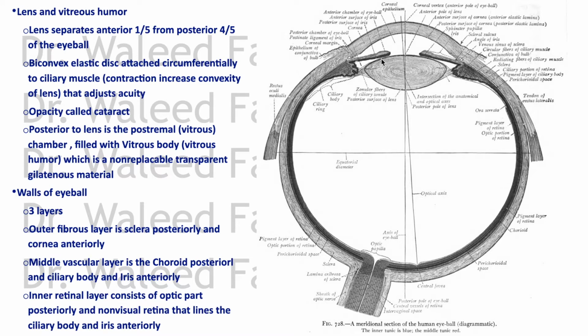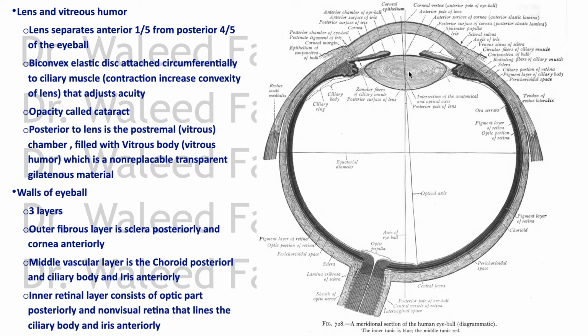The lens is hanging in the middle, suspended by the suspensory ligament. See, the suspensory ligament is zonular fibers produced by the processes of the ciliary body.